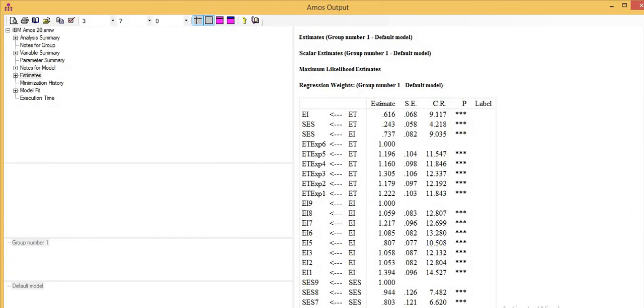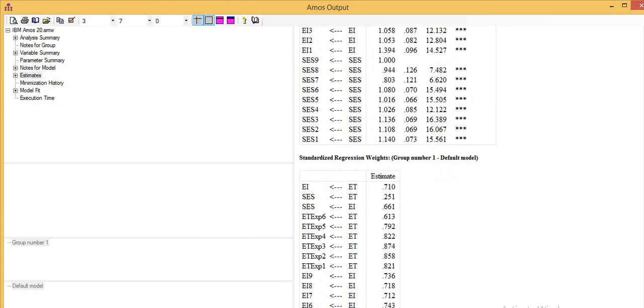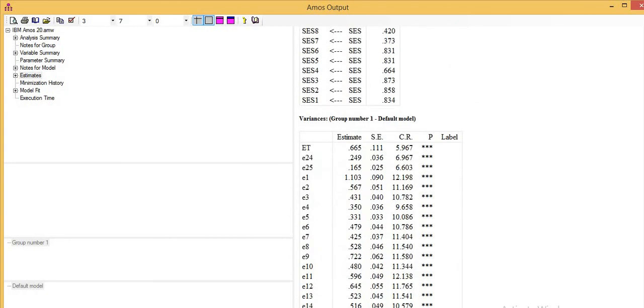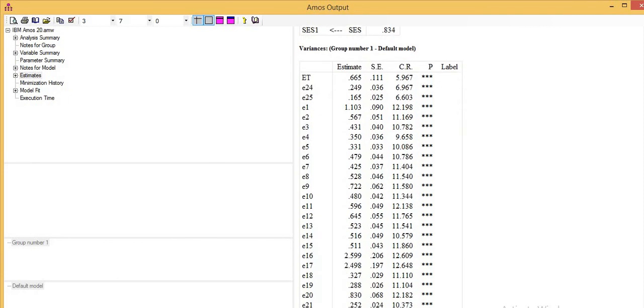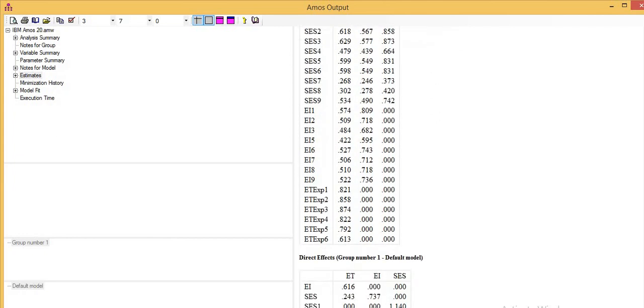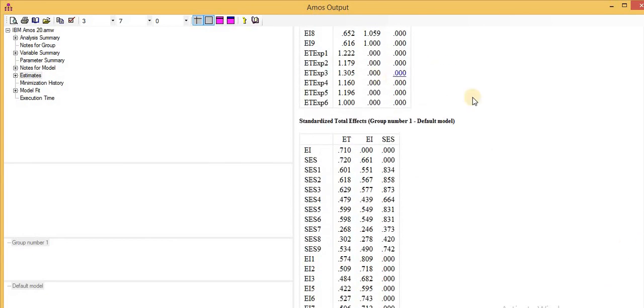So here one of the hypotheses is about the indirect variable, where you can see that there are some indirect effects as well. So these are the direct effects, and these are total effects, total standardized effects.